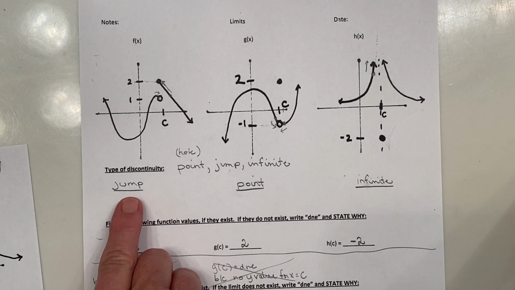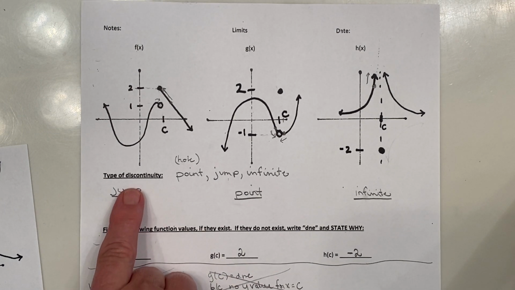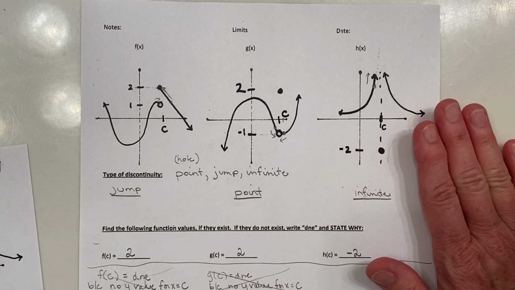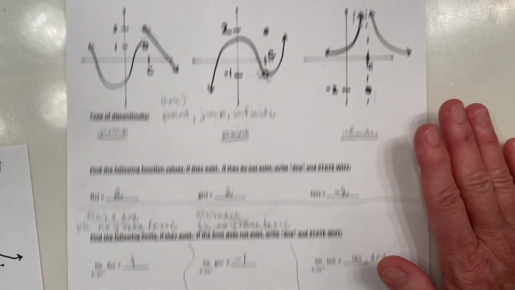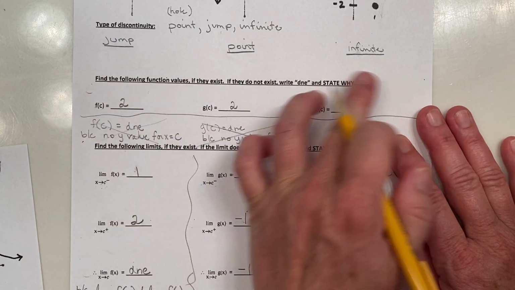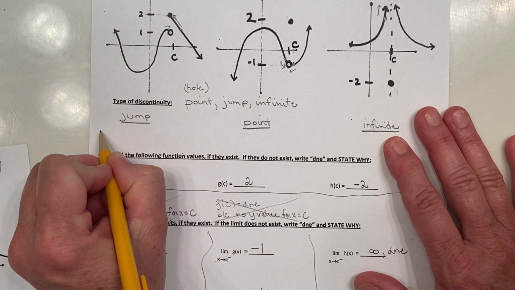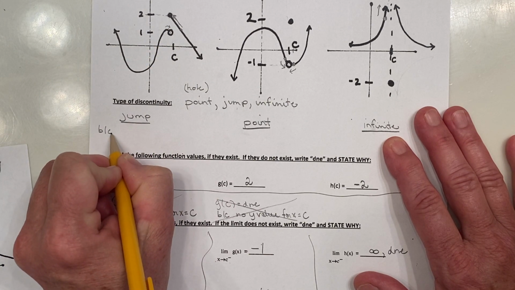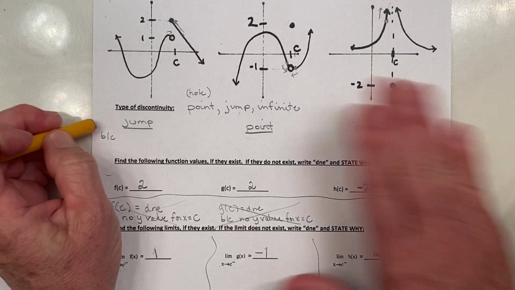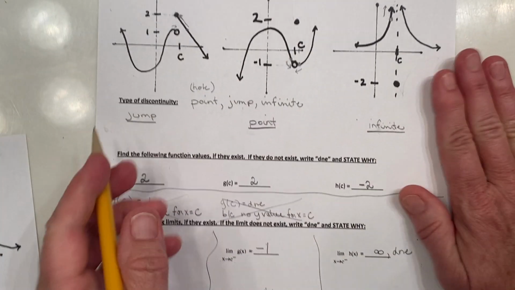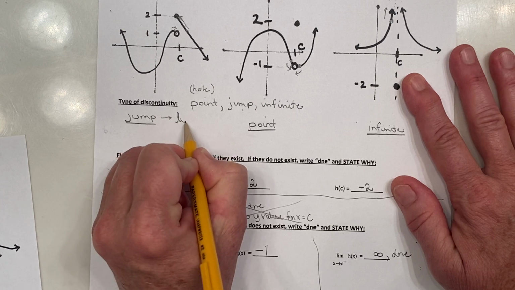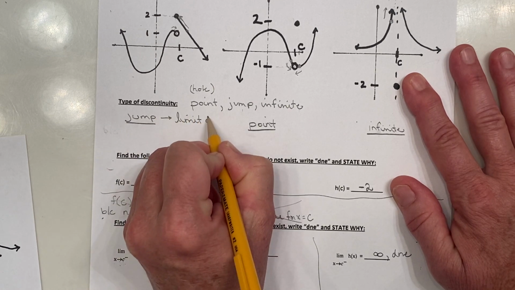So back up here. If you have a discontinuity that is a jump discontinuity, will the limit exist at the x value where that jump is occurring? No. And why? I want to put the justifications that we found down here up here. So the limit will not exist at a jump discontinuity because, let me put this: jump means a limit does not exist.